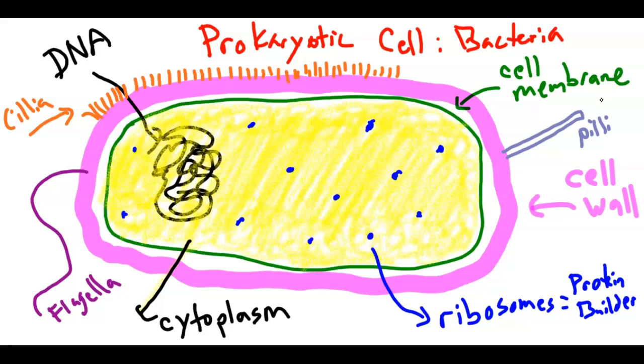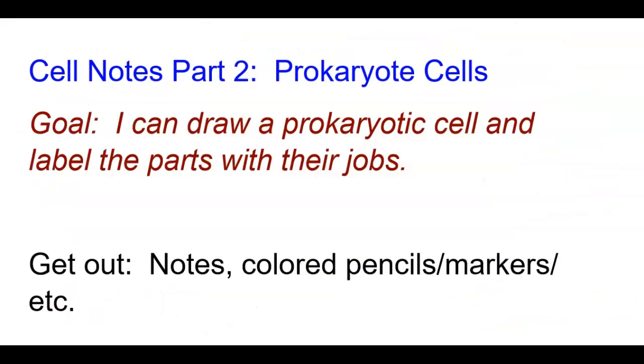Okay, so by switching pieces of DNA, this is how the bacteria change and evolve. Sometimes when they change, it's harder to find medicines to fight it off. Okay, so that's kind of a big deal. We'll talk more about that maybe later in the year. But the pili is for that sexual reproduction, that sharing of DNA pieces.